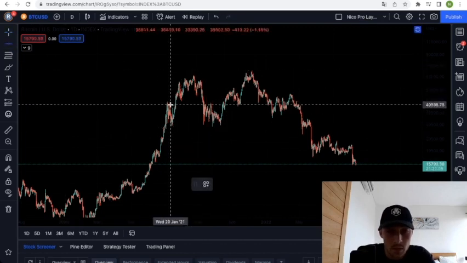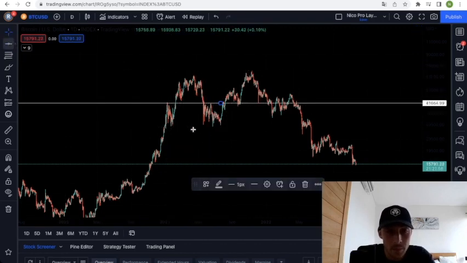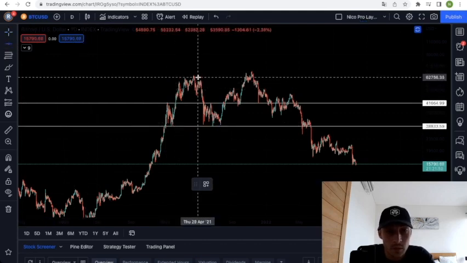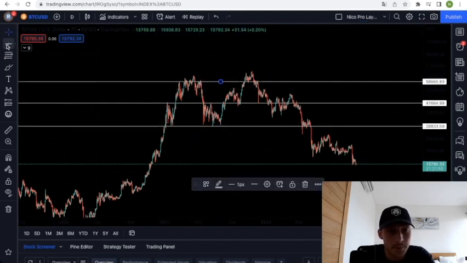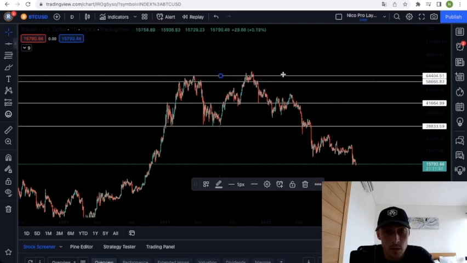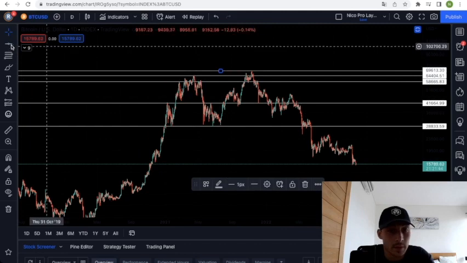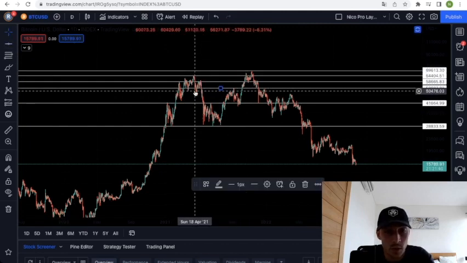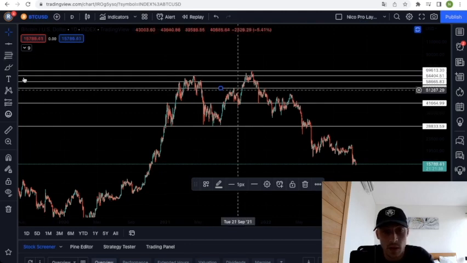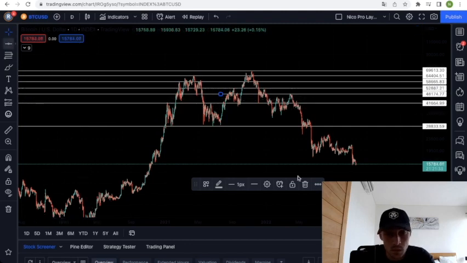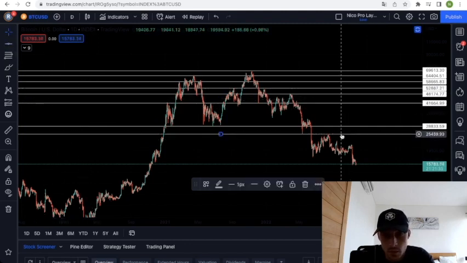Swing high, swing low, swing high, swing high. For them it's a swing low, maybe. For them it's a swing high. Also down there, swing high.